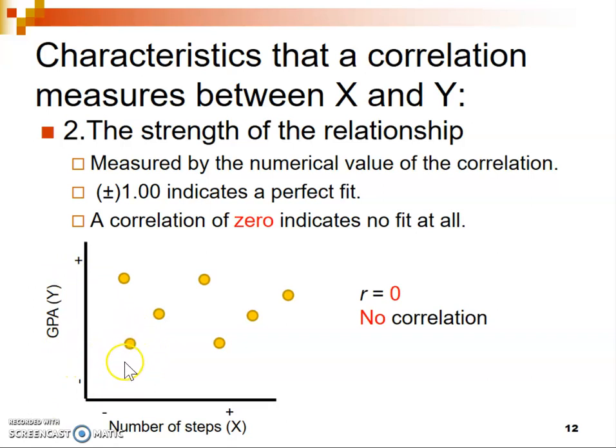You'll see some students that don't take a lot of steps per day have an average to low GPA, but there are also some students that don't take many steps per day that have a high GPA. These two variables aren't related at all, so there's no correlation. There's no trend in terms of an upward slant or a downward slant. One value doesn't predict the other at all.